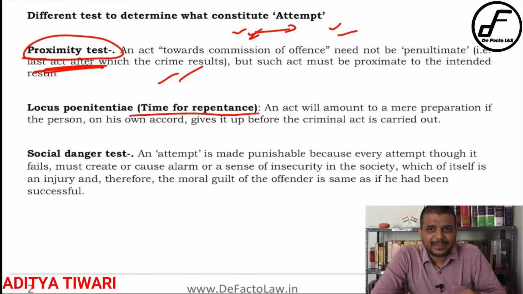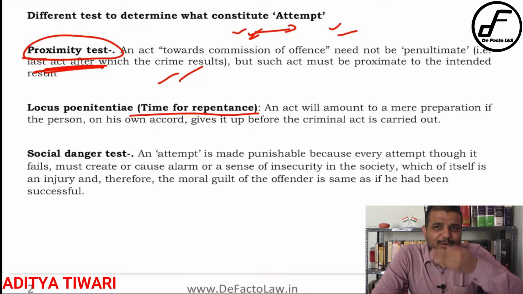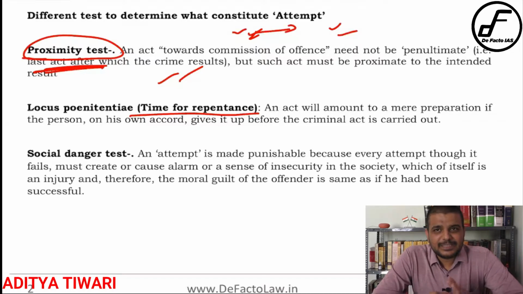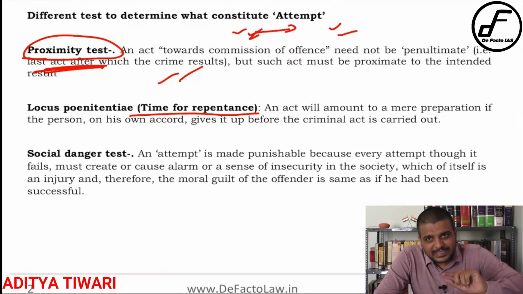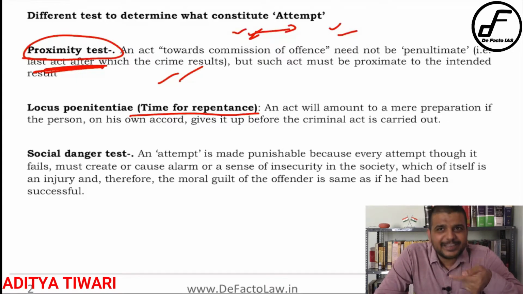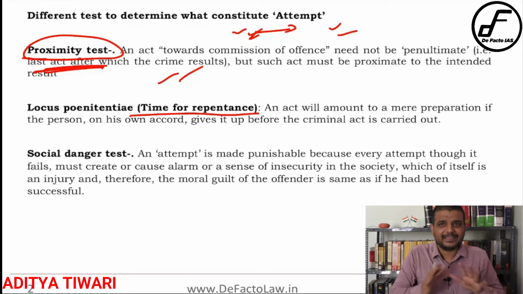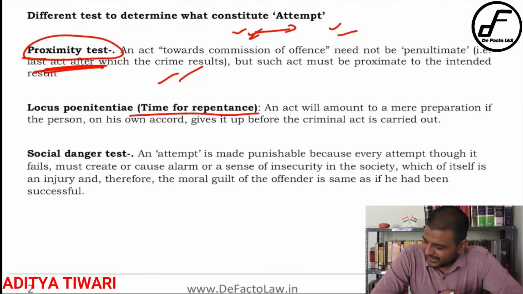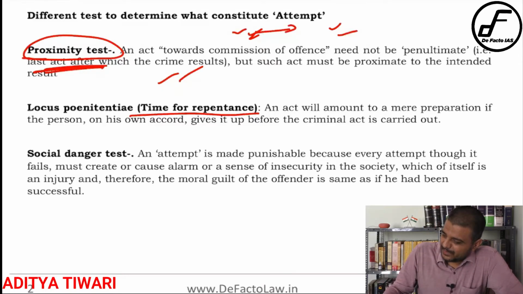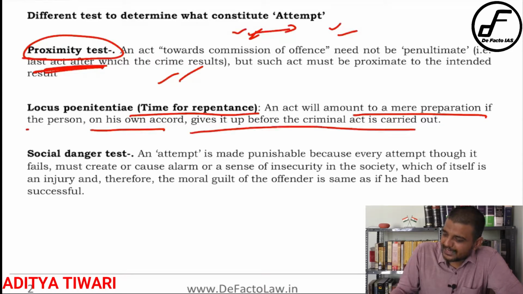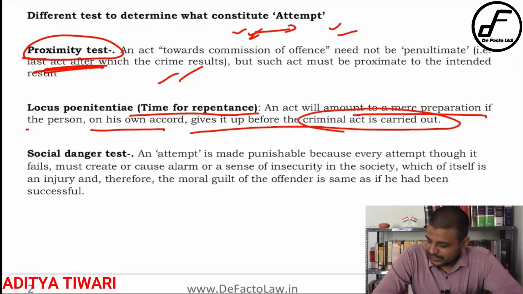So if you came back even 1 inch before crossing that border, it will not be counted as an attempt. It is only when you start entering the border that it will be an attempt. So if you have time for repentance and can come back, it will not be counted as an attempt. An act will amount to mere preparation if the person on his own accord gives it up before the criminal act is carried out. Very famous case actually.